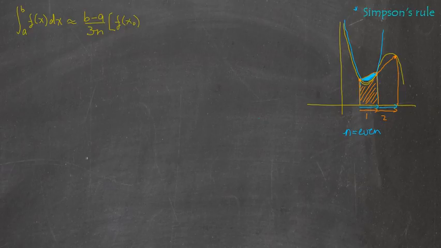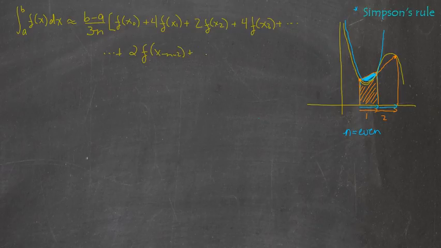This looks very similar to what we did before, plus 4 times f of x1 plus 2 times f of x2 plus 4 times f of x3 plus, I run out of room, so I'm going to move it down here, plus 2 times f of x(n minus 2) plus 4 times f of x(n minus 1) plus 1 times f of xn.